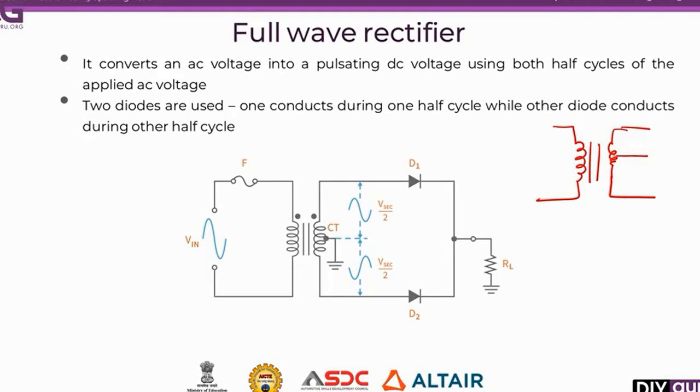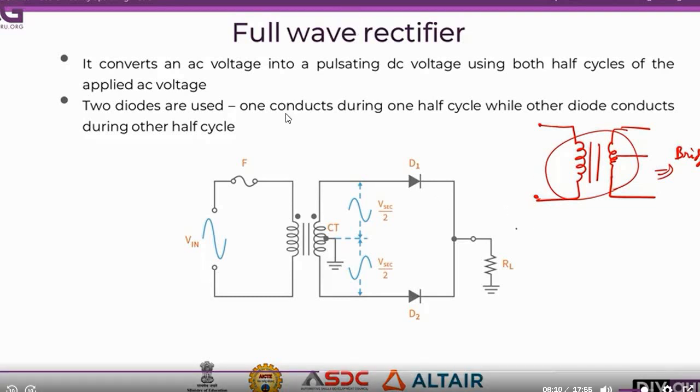This type of transformer is quite complicated for construction, but for this working, we are going to use only this type of transformer. To overcome this, we go for another type of rectifier circuit called the bridge rectifier, that we will see in the next session.